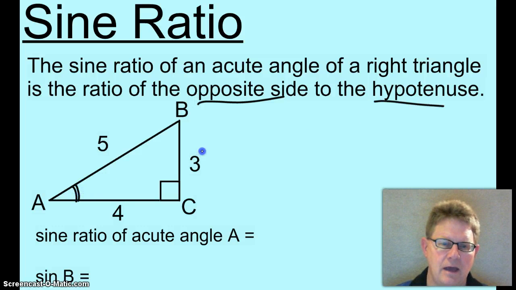The opposite side is 3 and the hypotenuse is 5, so the sine ratio is 3 to 5.